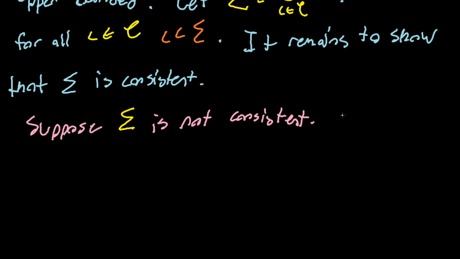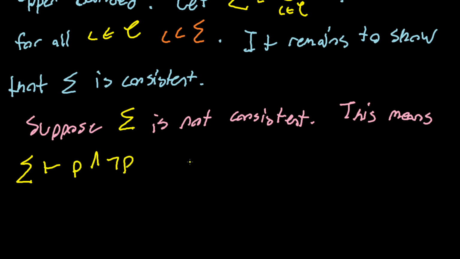Well, from last time, this means, so of course, there's a lot of things that sigma means, but what this means for our purposes is that sigma proves some obviously false statement, right? That's what it means to be not consistent. Or we've shown last time that it's equivalent to being not consistent, okay?